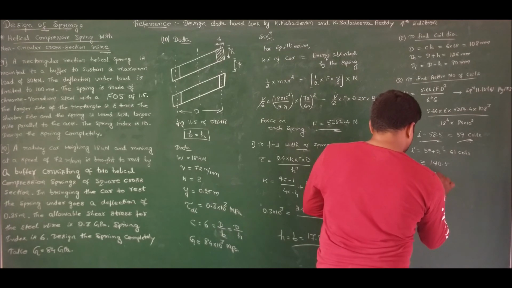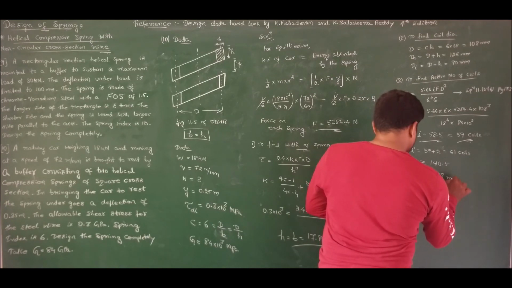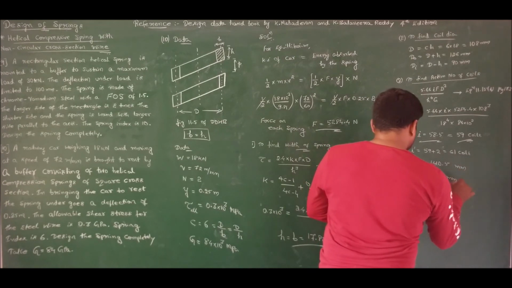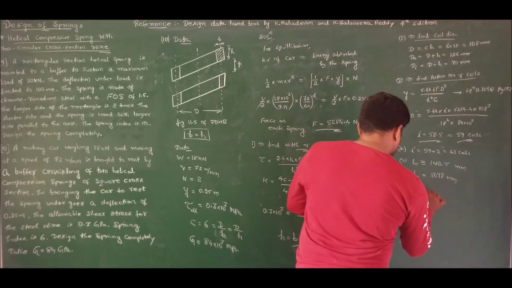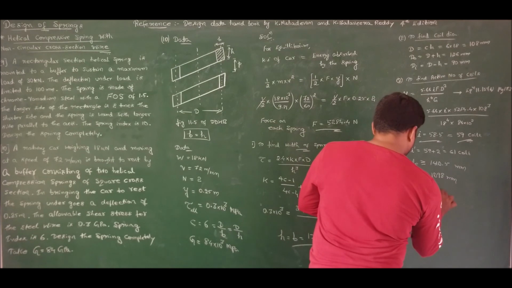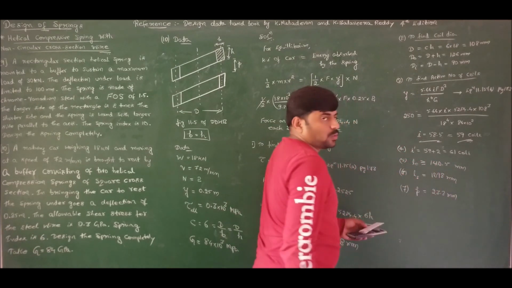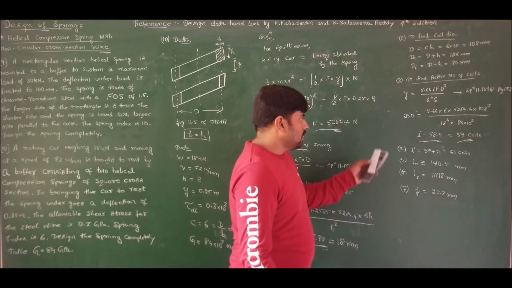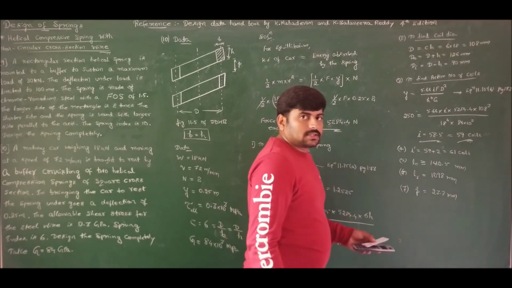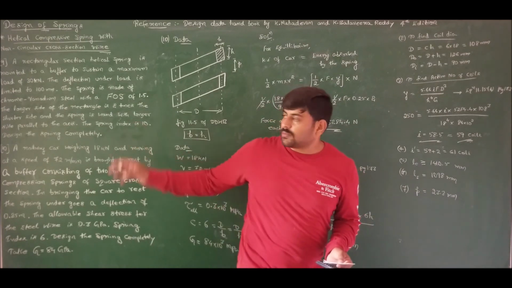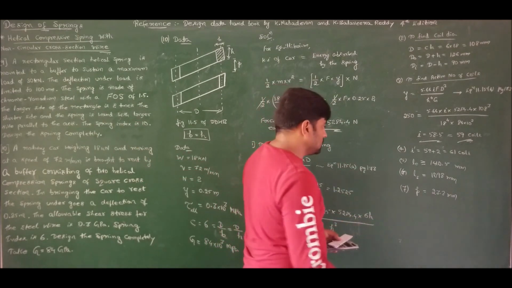Solid length will be 1098 mm. And step 7, if you find the pitch, you get the answer as 23.3 mm. So assume square and ground end condition. From table 11.4, you know the formulas. Repeat the same procedure what you have employed for problem number 9 and verify the answers.